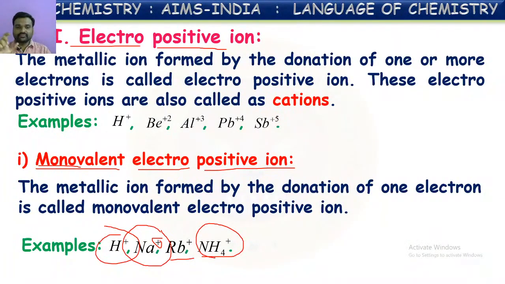The ammonium ion, NH4+, is formed by the loss of an electron from a group of atoms. It is also called an ion. To make it convenient, we call this specially a radical. The ions formed by a group of atoms are simply called radicals also. So these all come under electropositive ions, monovalent electropositive ions.